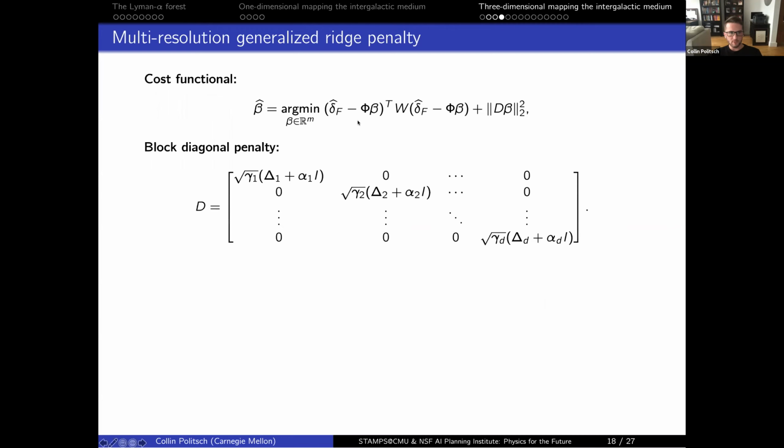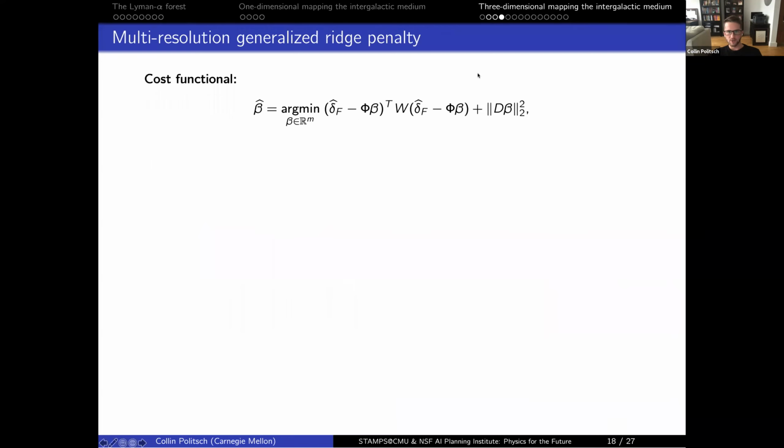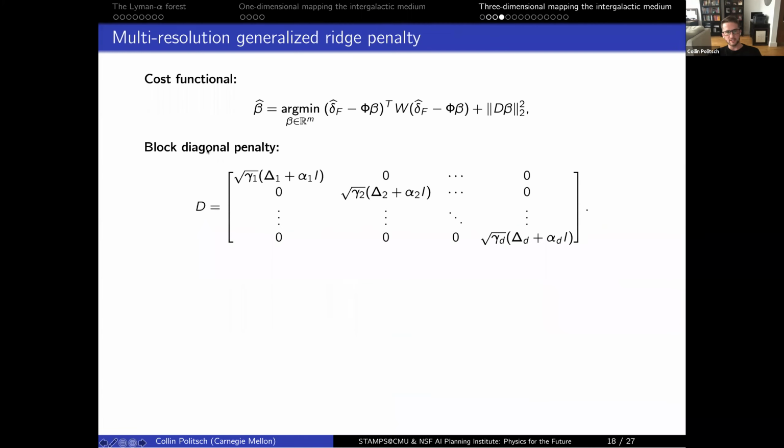Okay, so returning to this multi-resolution generalized ridge penalty, let me just talk through this mysterious D a little bit here, maybe a little bit quickly so I can make sure I get to everything. We construct D as a block diagonal matrix where each block of the matrix corresponds to one of the levels of resolution in the spatial process.